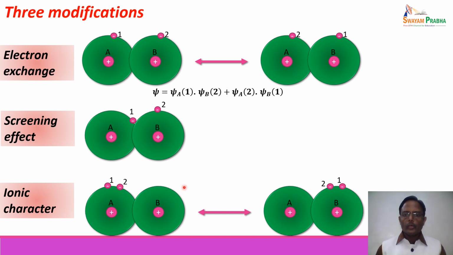But since both the configurations are equally probable, the net charge on the molecule will be 0.